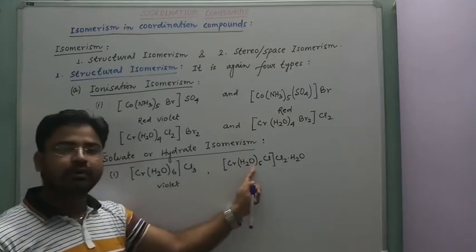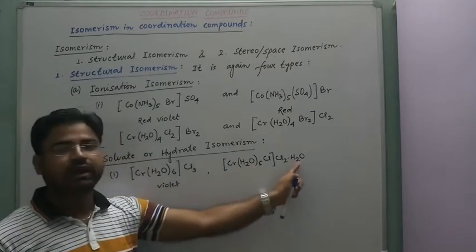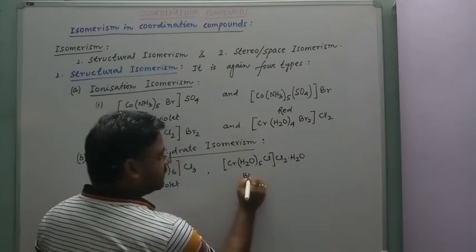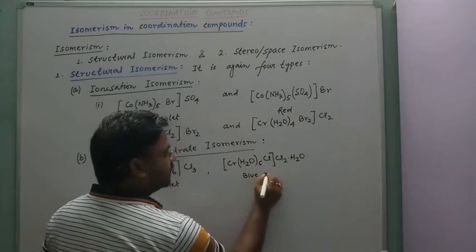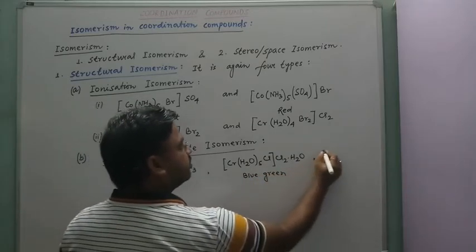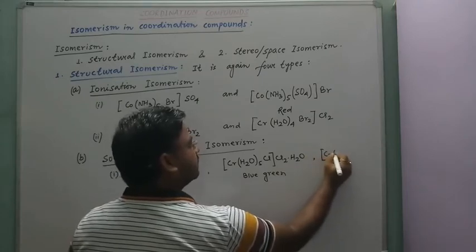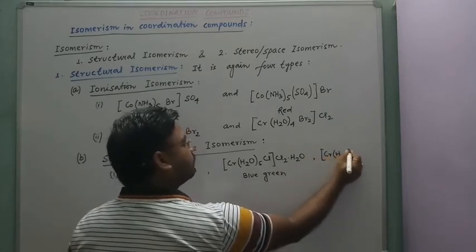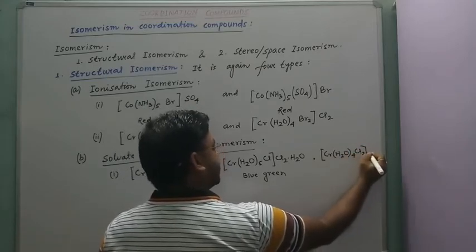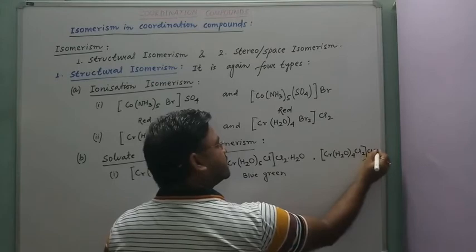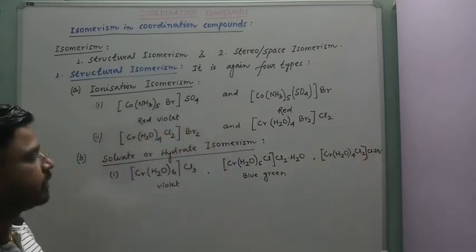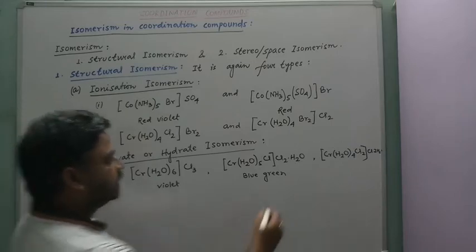Here 5 water molecules are present as ligand and 1 H2O molecule is outside. Its color is blue green. It can also give [Cr(H2O)4Cl2]Cl·2H2O, twice H2O. It is dark green.